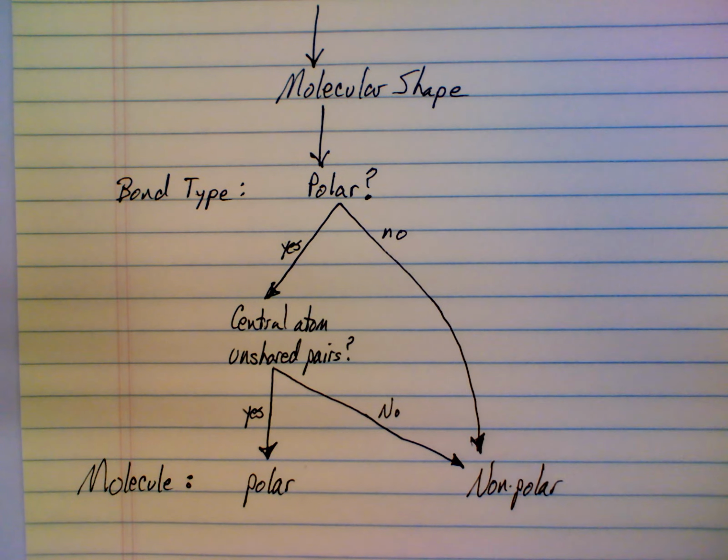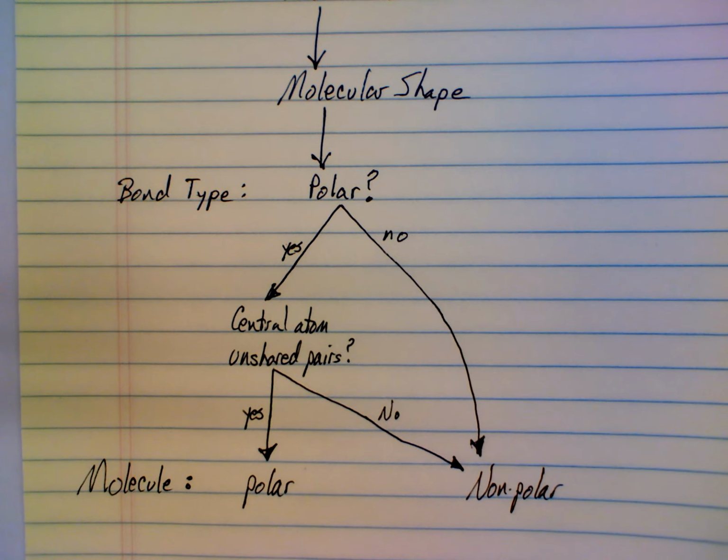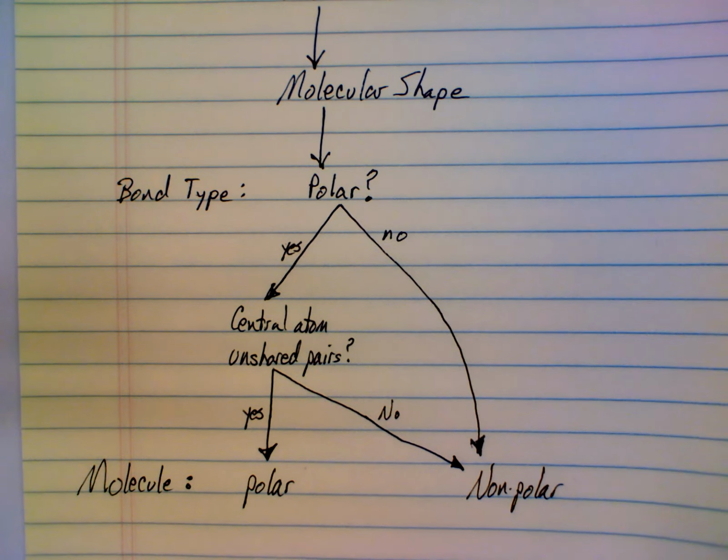Now, let's consider one or two examples that are exceptions to this rule because they are important. When determining the molecular polarity, what we really are considering is the symmetry of the polar bonds. So we have to be careful with the diagram that I just created because there are exceptions to that rule.